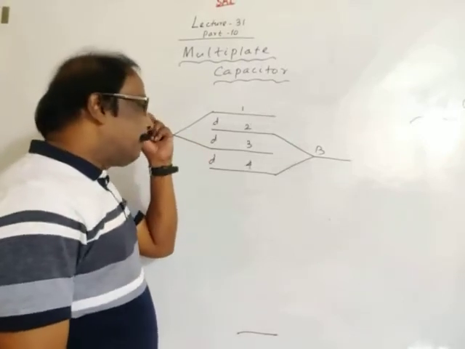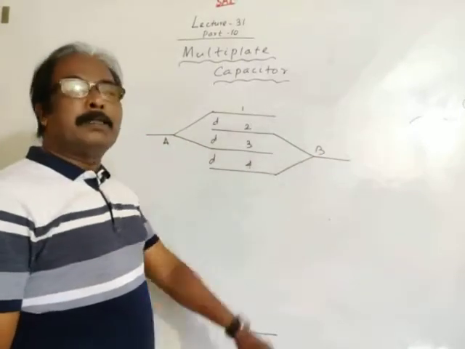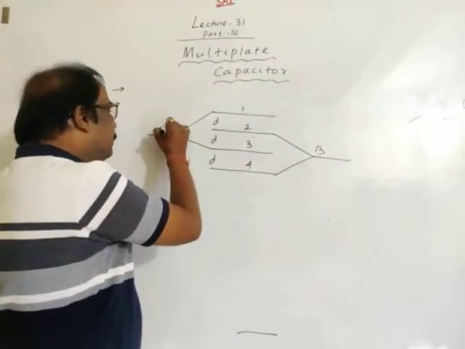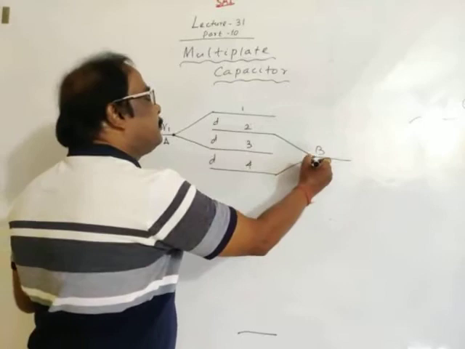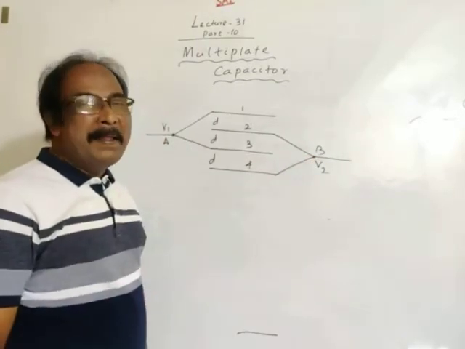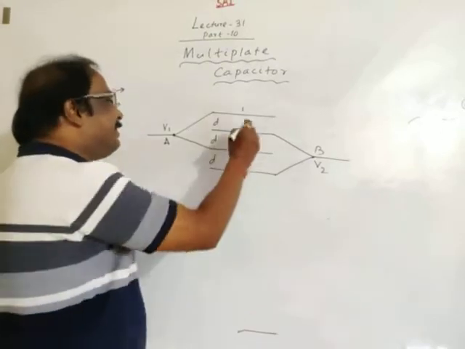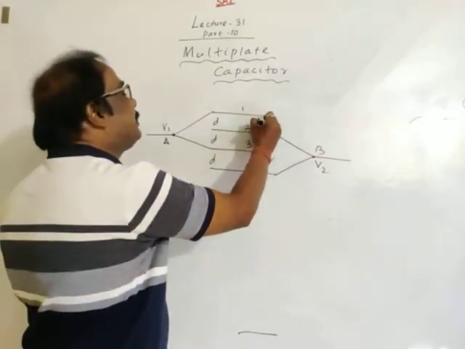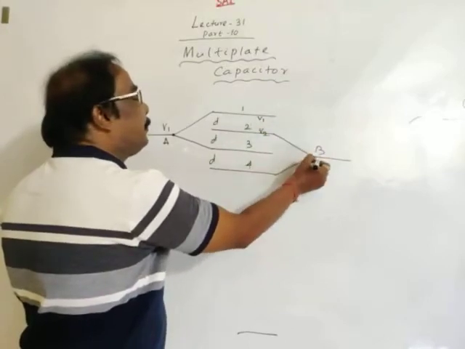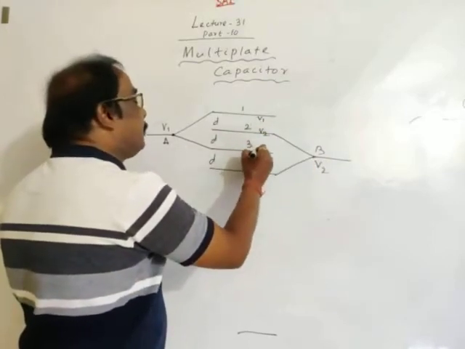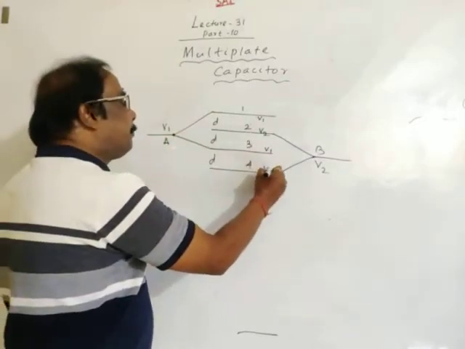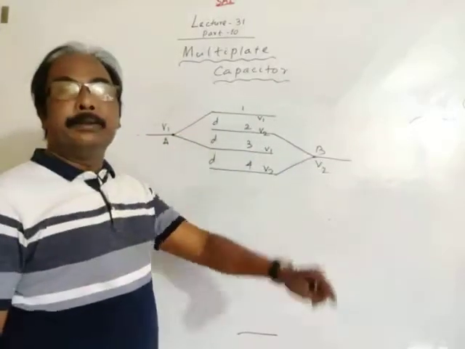We have to find the equivalent capacitance between A and B. Let's assume A is maintained at potential V1, B at potential V2, A at high potential, B at low potential. Obviously, the potential of plate 1 is V1, plate 2 is V2 since it is connected to B, plate 3 is V1 since it is connected to A, and plate 4 is V2 since it is connected to B.